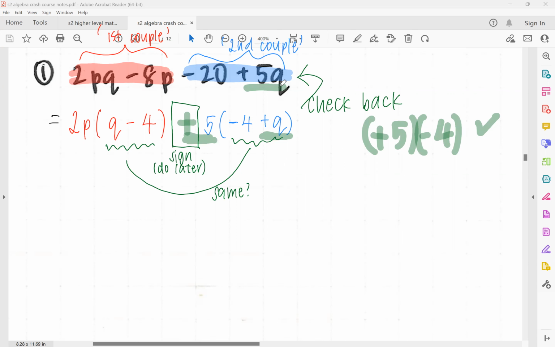Yes, then you know you're on the right track. So this is how you do four-term factorization. You must always check with your previous step. So it's not because you all make careless mistake. This has nothing to do with careless mistake. This is got to do with whether you know your concepts. Understand? So I won't call this a careless mistake if you get your plus or your minus wrong. It means that you don't know how to check back.